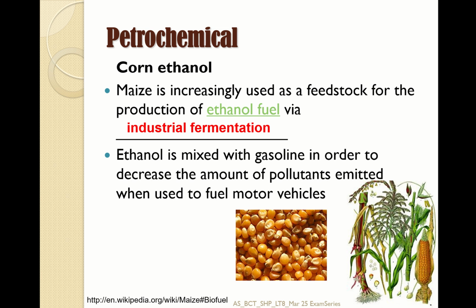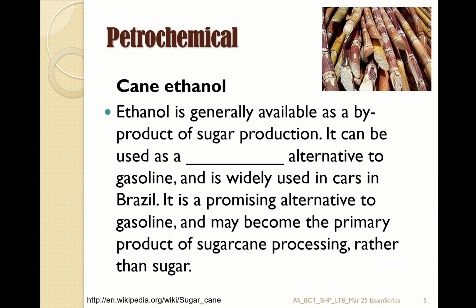So basically, corn, or in certain countries they call it maize. They break down the sugars in corn by a fermentation process to ethanol, and then this ethanol is used in vehicles to run the vehicles. Besides corn, you can also use sugarcane, same thing, because of the sugars in the sugarcane.